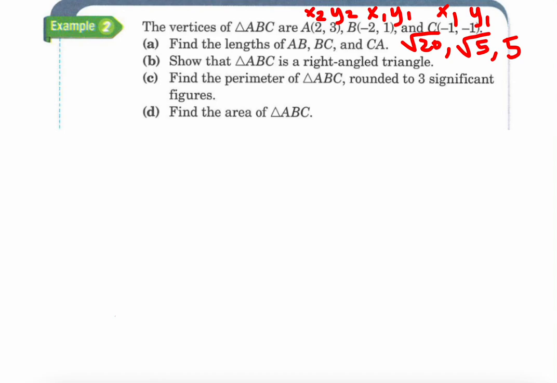Looking at D. Okay, so I have my triangle, which again is a right triangle. My hypotenuse was my 5, right? Because that was what my c squared was equal to, my c value. And then it doesn't really matter what's over here.